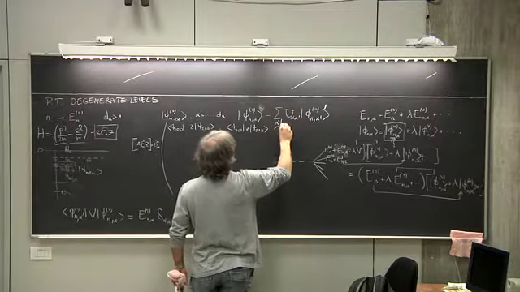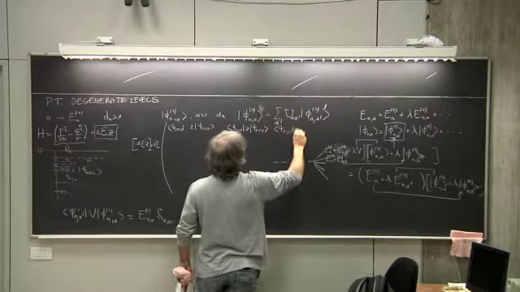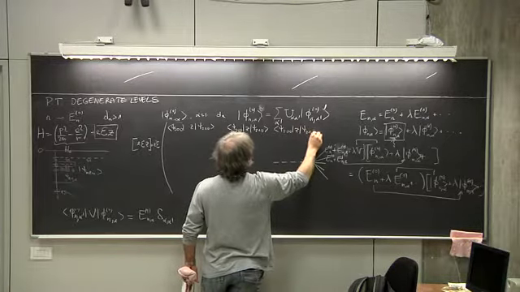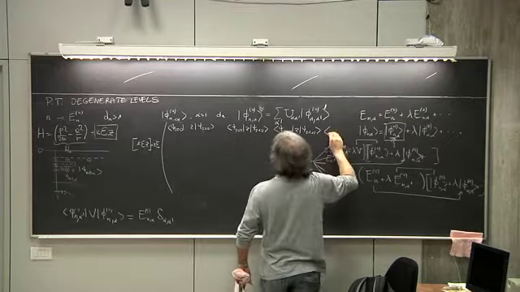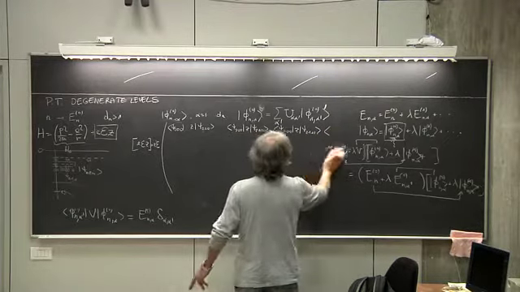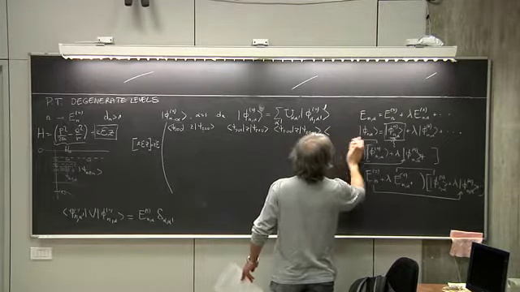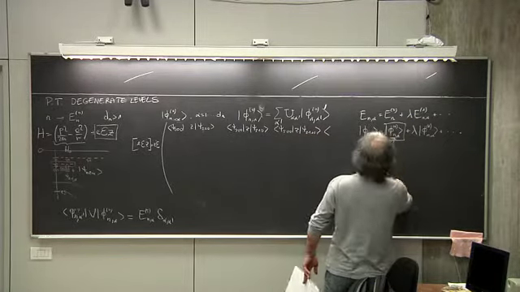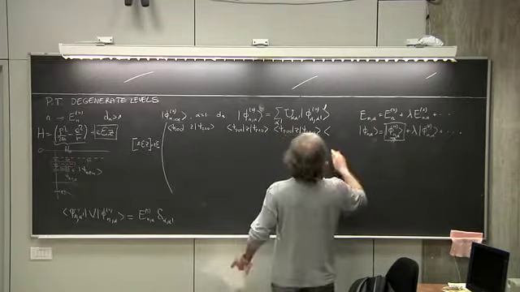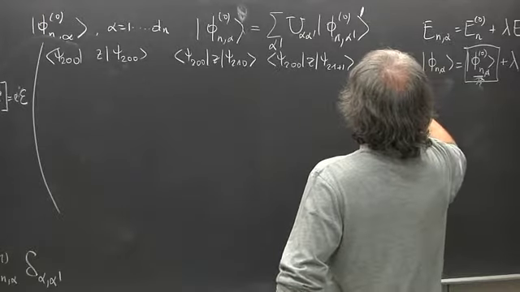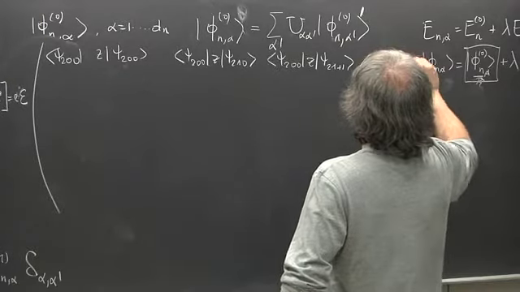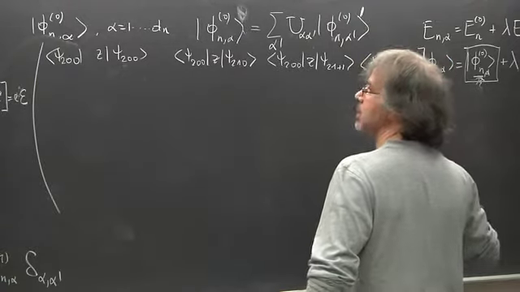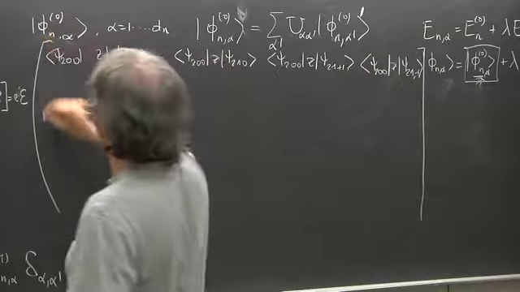Then I would have psi 2, 0, 0, z, psi 2, 1, plus 1, and finally psi 2, 0, 0, z, psi 2, 1, minus 1. So this is the first row of this matrix.